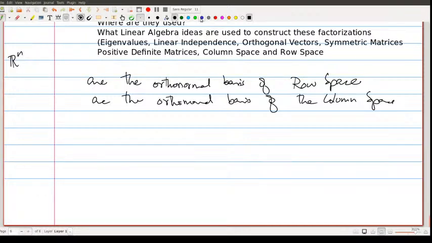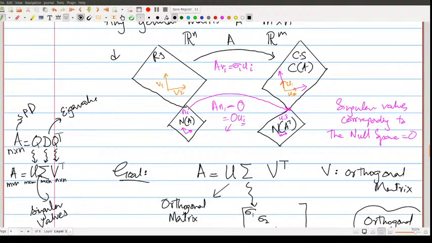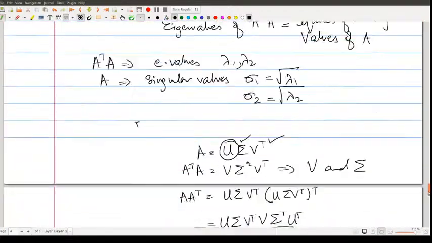So from V1 to Vr, you will get an orthonormal basis for the row space. U1 to Ur are the orthonormal basis of the column space. Recall, I'm just talking about the dimensions, right? So if the rank is r, the dimension is r, and this has dimension n minus r, and this has dimension m minus r.